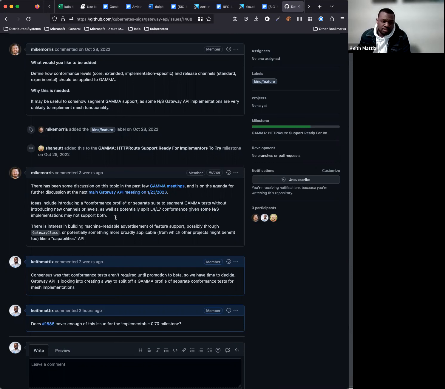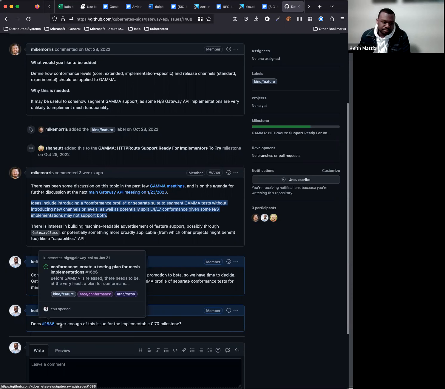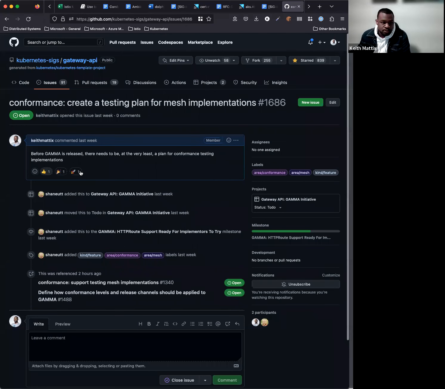I'm pretty sure this is still the state of things. My question this afternoon was about this new issue that was created to cover what needs to be done for the 0.7.0 release. At the very least, we need a plan that's written and documented as part of our draft spec that talks about how we plan to do the conformance tests, what we want to add for the conformance tests, what changes to the Gateway API framework will be used, what the test methodology is going to be, et cetera.